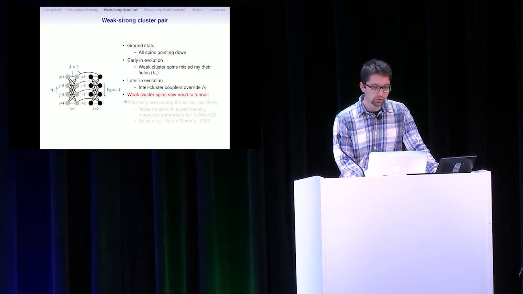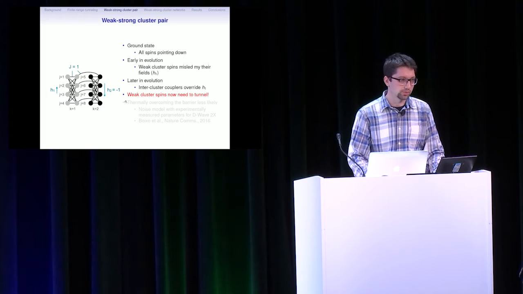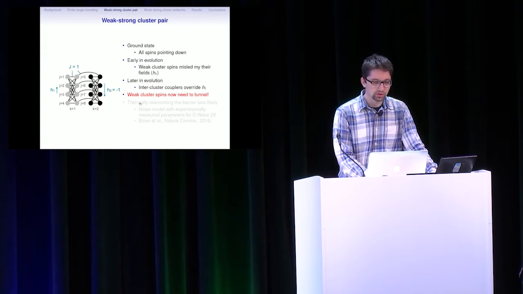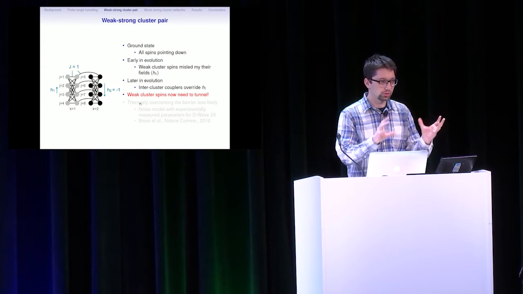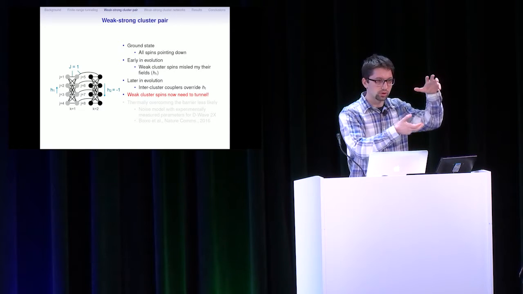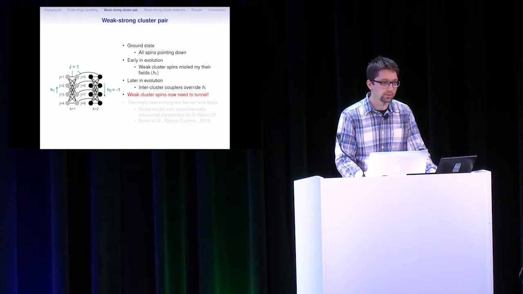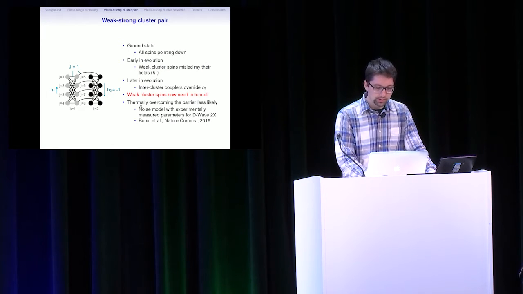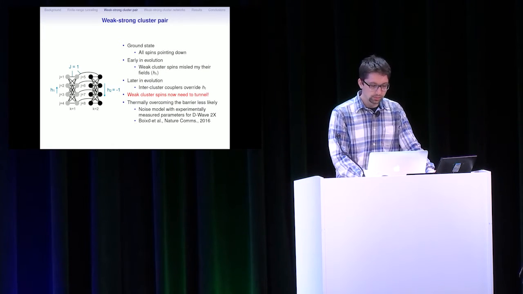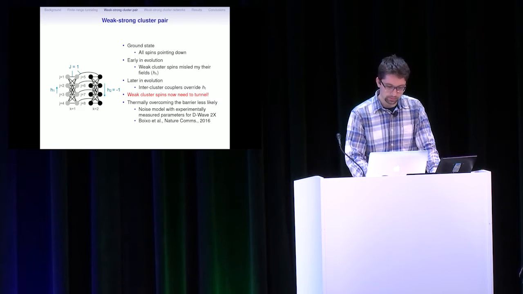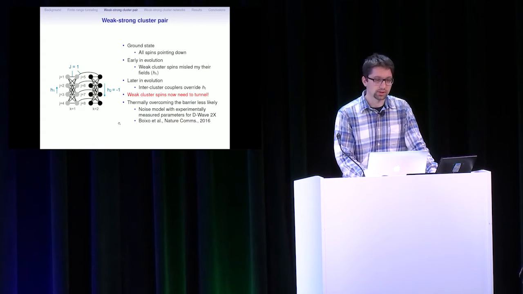So at this point, in order to still find the ground state, the weak cluster spins need to tunnel. They need to turn themselves around altogether. And that corresponds to a tall barrier. It's possible to also do with thermal activation, but it's less likely.